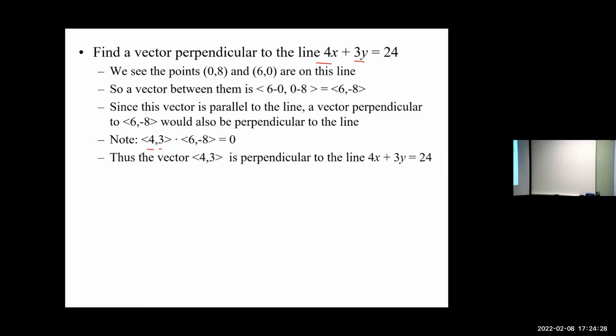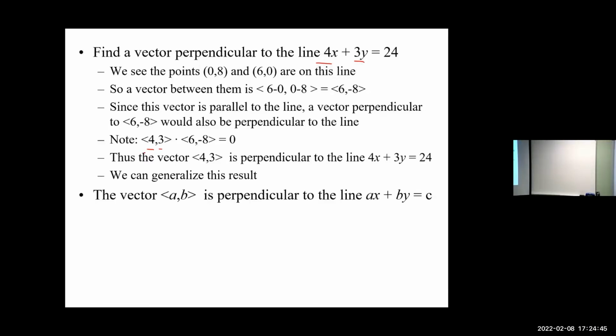And this is going to be very useful to us because anytime we have a line in general form in 2D or 3D, we'll be able to get the normal vector very quickly without even having to do any work. We literally just collect the coefficients. So this guy here is what's known as the normal vector.